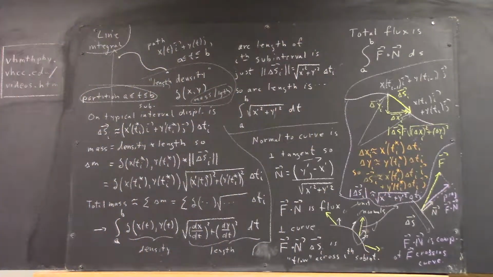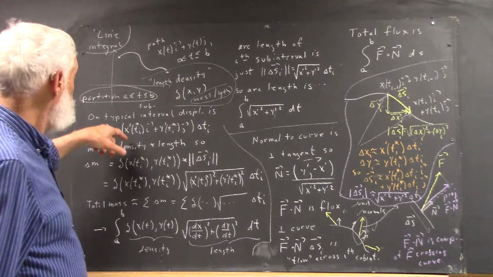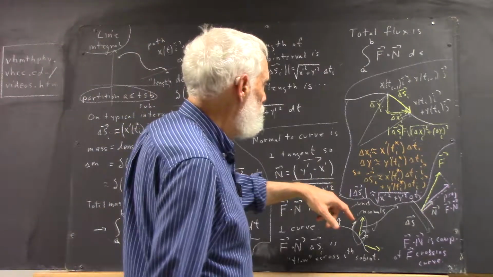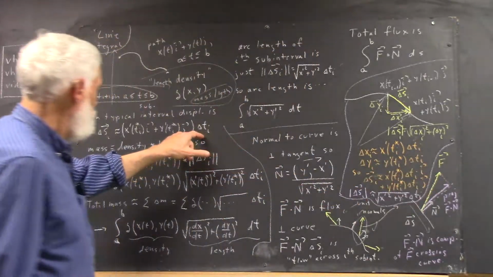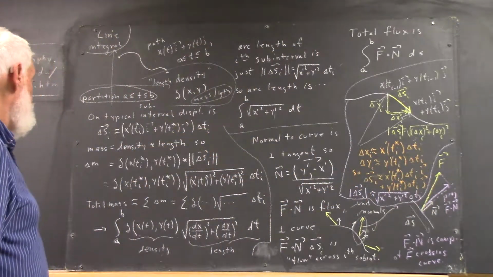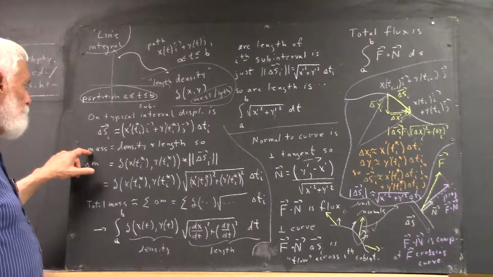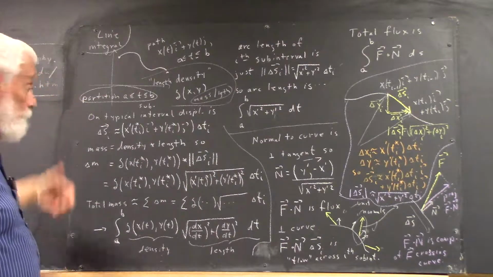So, come over here. Again, our delta s sub i is approximately equal to this expression, which is identical to the expression we had here, except I factored out the delta t sub i. Then, our mass is our density times the length of that subinterval.